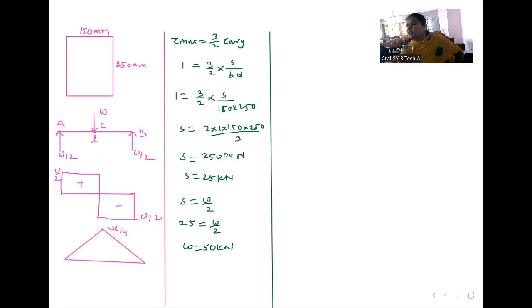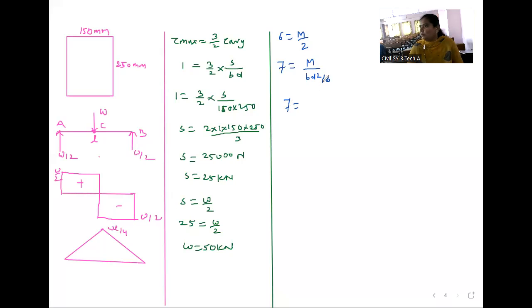For this we will apply the bending stress equation. So what is our bending stress equation? Sigma equals M by Z. Sigma is given, and Z we have to calculate for this rectangular section, and from this you will get the moment. So sigma is 7, which equals M by Z. Z is BD square divided by 6.